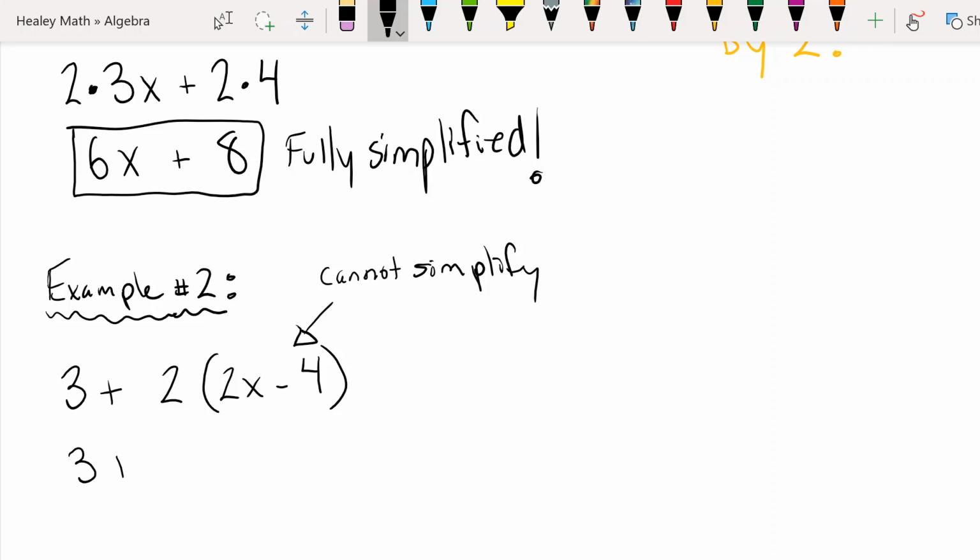So we have 3 plus, in our first step, 2 multiplied by 2x, minus the product of 2 multiplied by 4.